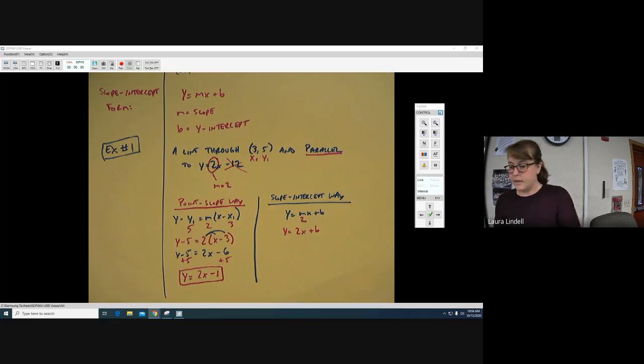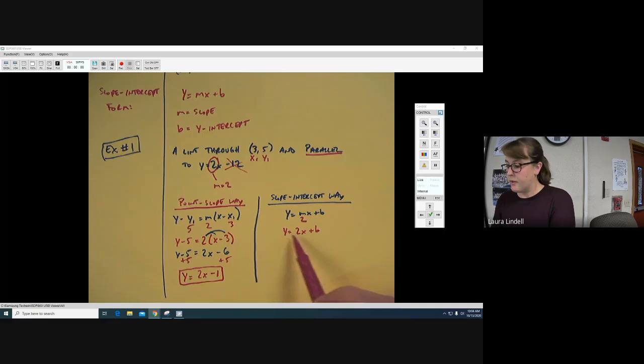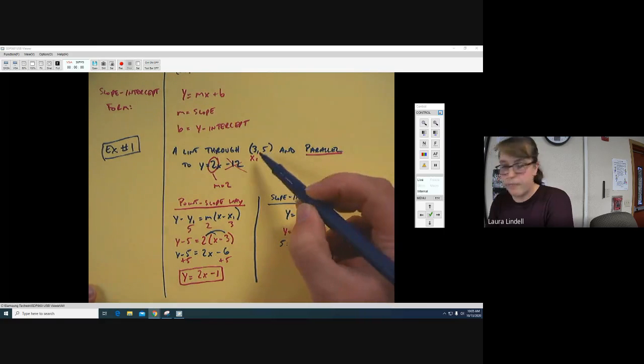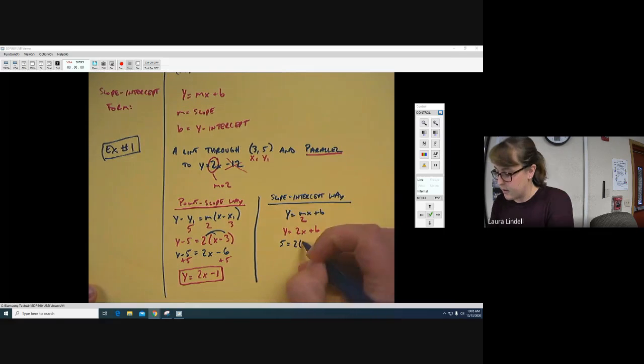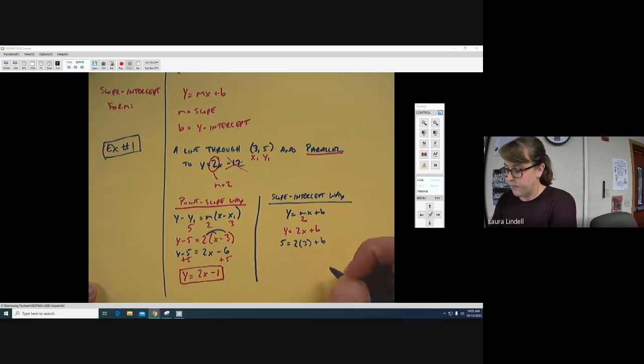And the nice thing is, since I have an x value and a y value, I can plug those in for x and y and use that to solve for b. So I can go, okay, well, y was 5. So I can go 5 equals 2 times x was 3 plus b. And now I can solve for b.